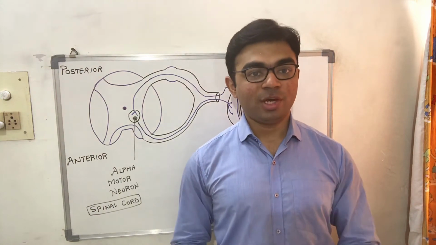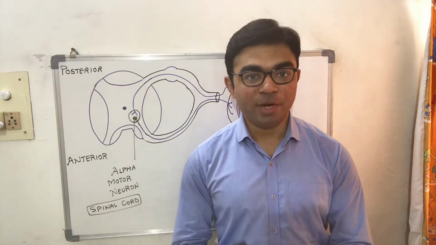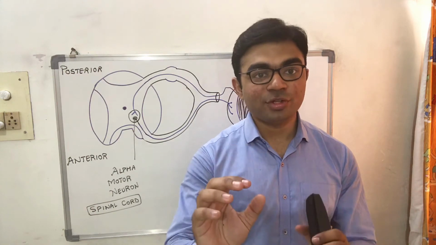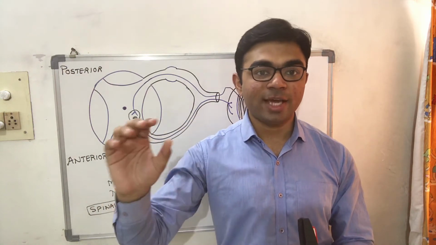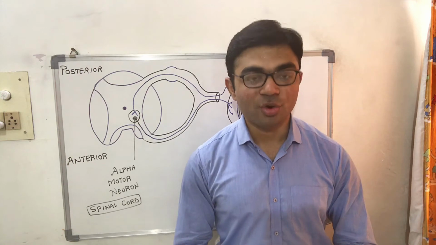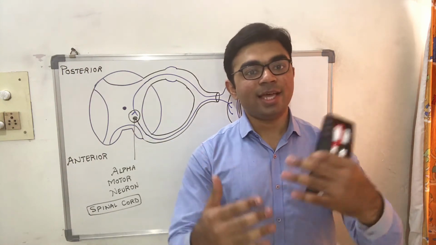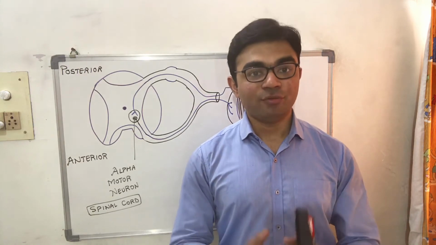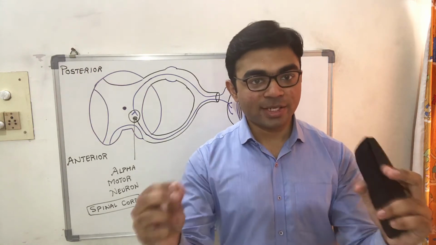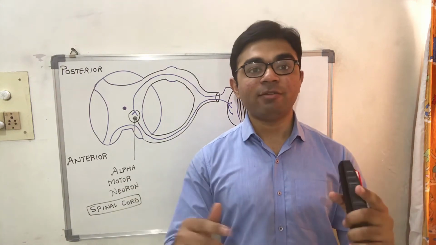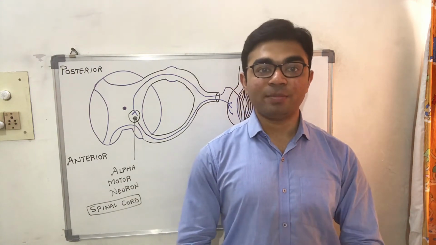Now, the muscle spindle contains intrafusal muscle fibers, efferent nerves as well as afferent nerve fibers, and they lie parallel with the skeletal muscle fibers, or the extrafusal muscle fibers. So whenever we stretch a muscle, along with the stretching of the extrafusal muscle fibers, there will be stretching of intrafusal muscle fibers also.